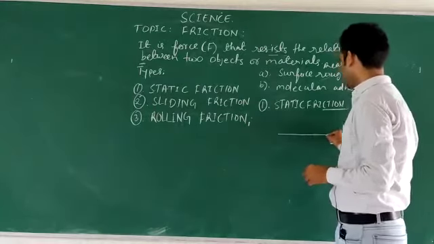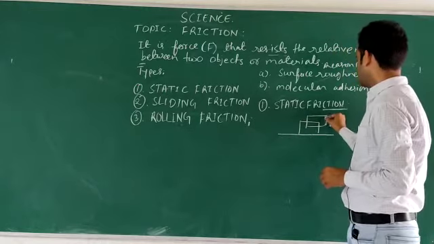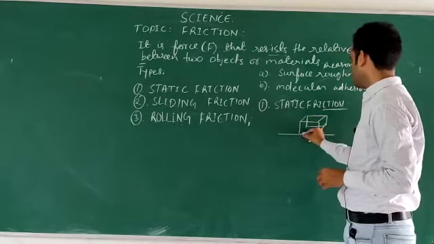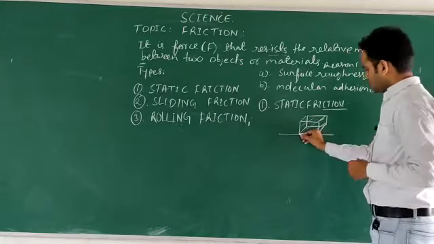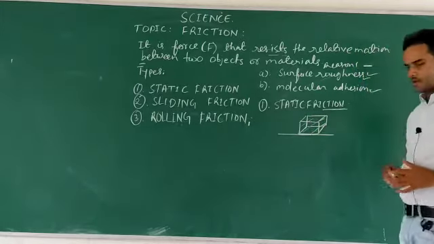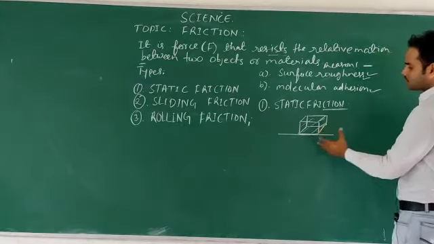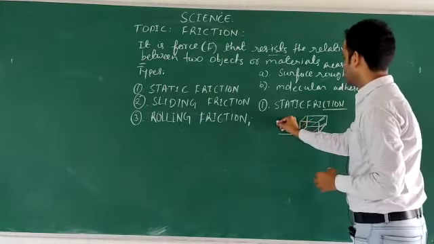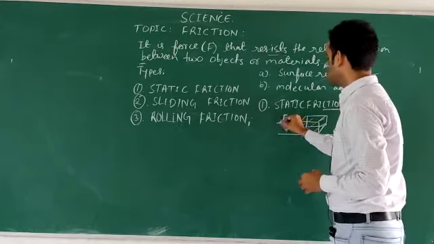So let's have a look at this example. Suppose this is the surface and this is an object which is kept here. One more thing we have to know is that frictional force acts opposite to the direction of the motion. Suppose we are applying a force in this direction.